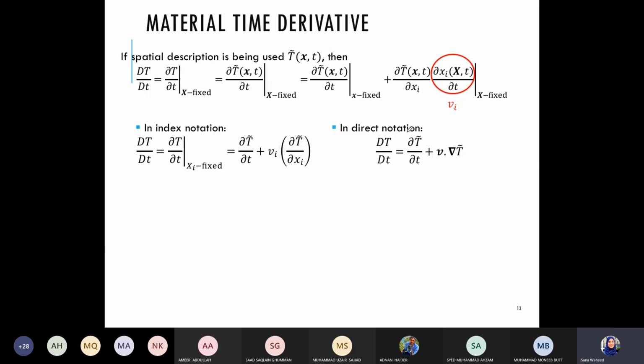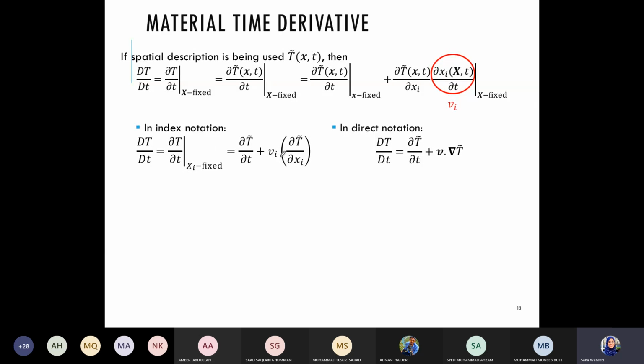In direct notation, this then becomes, yes, the time derivative is as it is. Remember that index notation is for the coordinates of space, right? It depends on directions, so the time part stays as it is, whereas those related to spatial coordinates or direction can be represented in indices or as direct notation like so. So this would have been vi del T with respect to xi.